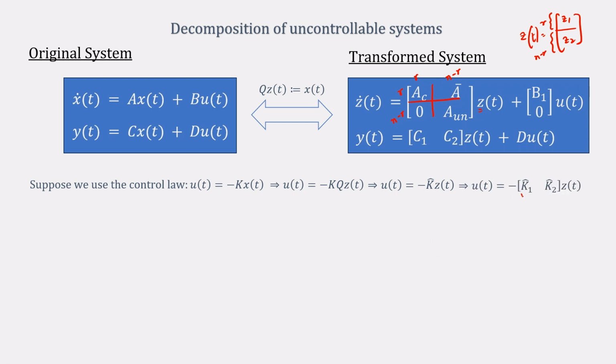Here we will take this as 1 cross R and this as 1 cross n minus R, and z is here z1 and z2, say. Okay. So, it is just a naming. I am partitioning k hat, writing the first R columns of k hat as k1 hat and the next ones as k2 hat.